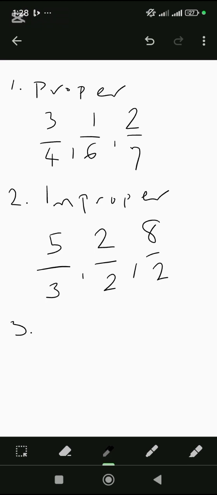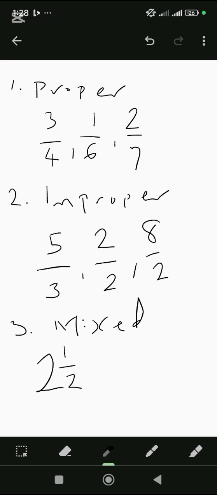Example 3 is mixed fraction. In mixed fraction, we have a whole number combined with a fraction. An example is 2 whole number 1 over 2.